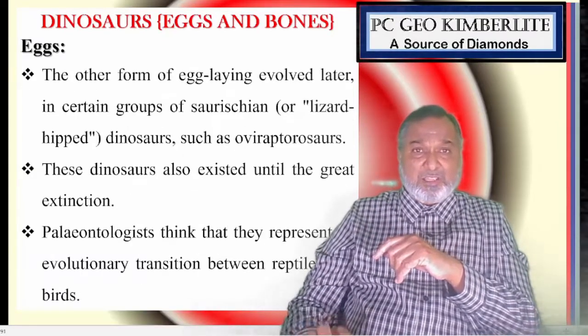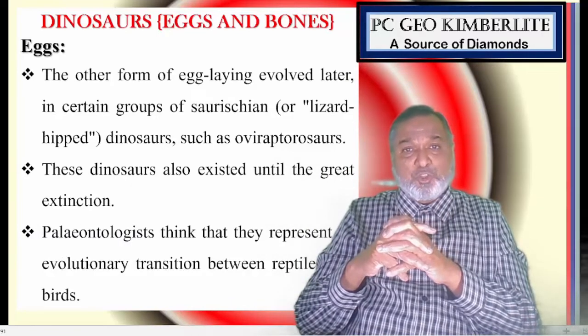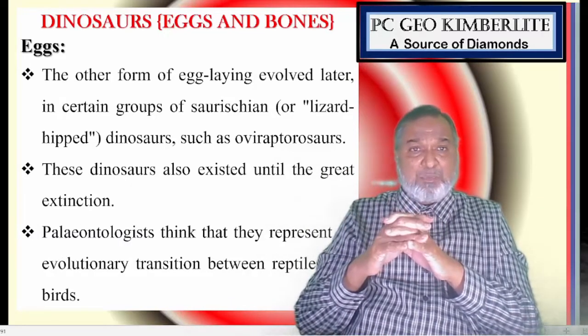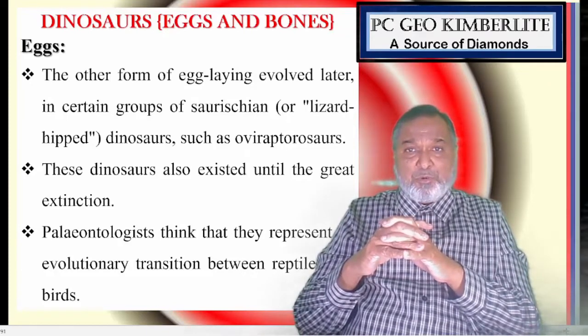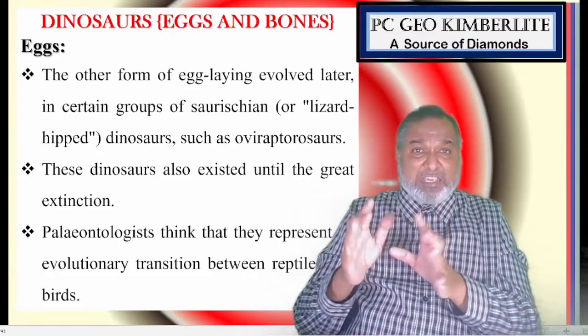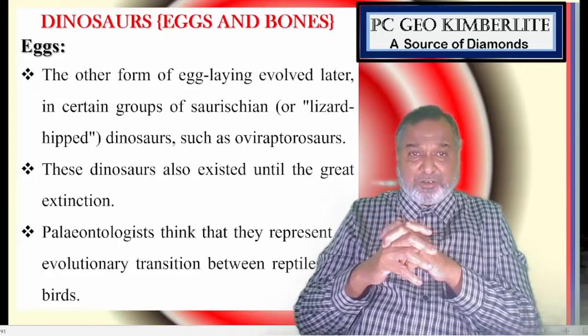Paleontologists think that the eggs in this kind of clutch were laid in one session, as living turtles and crocodiles do. The other form of egg laying evolved later in certain groups of saurischian, or lizard-hip, dinosaurs such as Oviraptor and Protoceratops. These dinosaurs also existed until the great extinction.